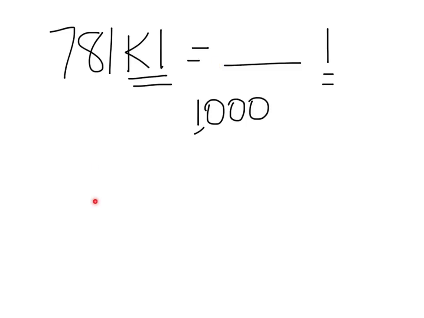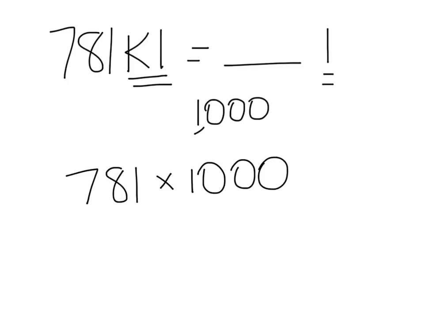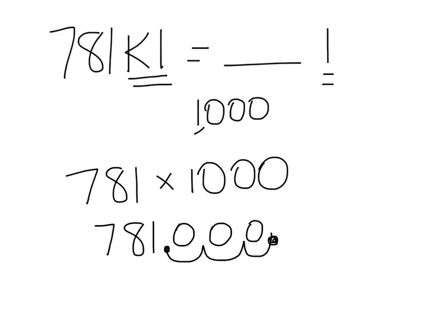If I multiply 781 times 1,000, which way am I going to move my decimal? Where is my decimal? 781, the decimal is at the end. So I'm going to move my decimal 3 places because there are 3 zeros, and my decimal will go here. And so the answer to 781 kiloliters is equal to 781,000 liters.